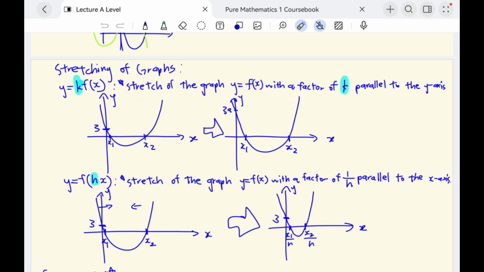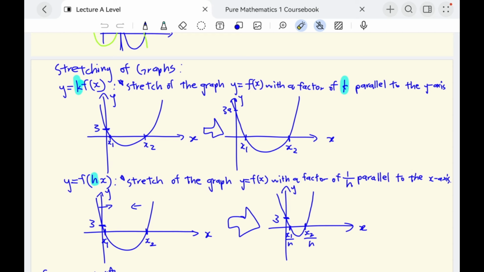Okay, that means for the y position, you stretch k times. That means in the fixed domain, their range or their codomain must be times k times, from the original codomain from their respective domains.